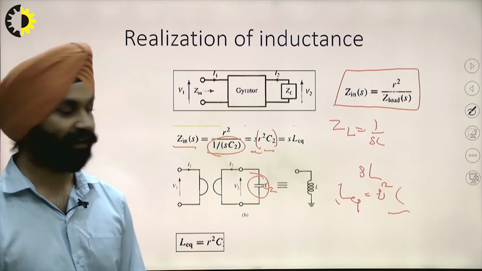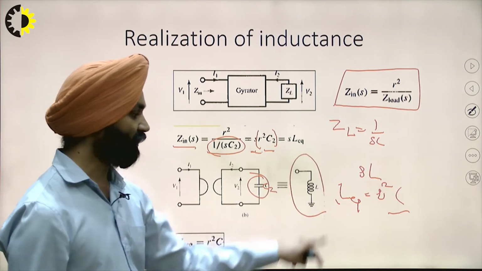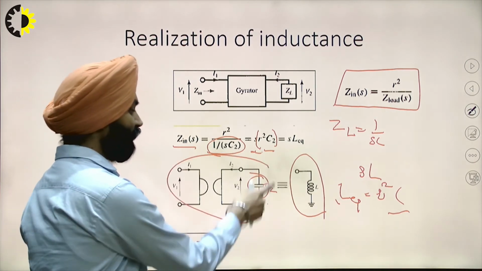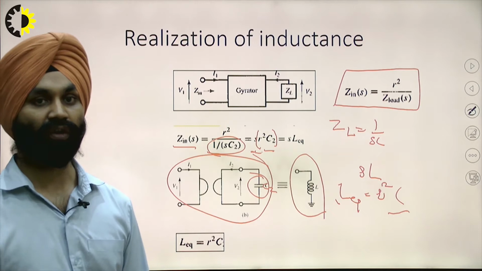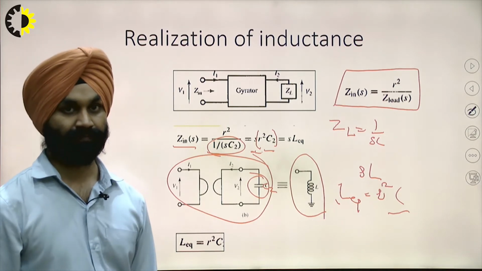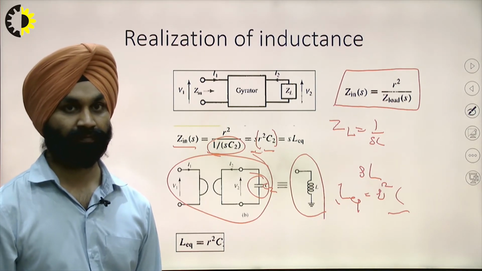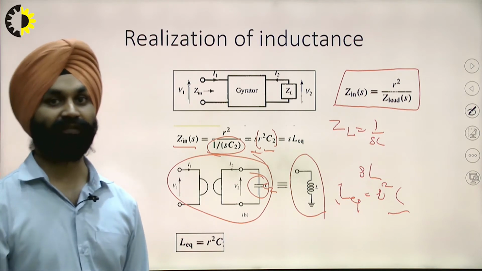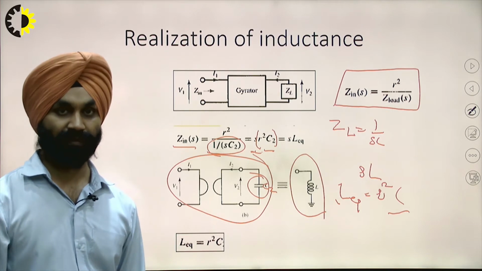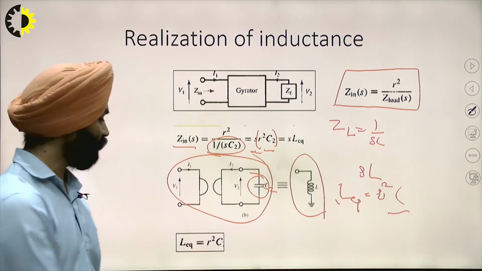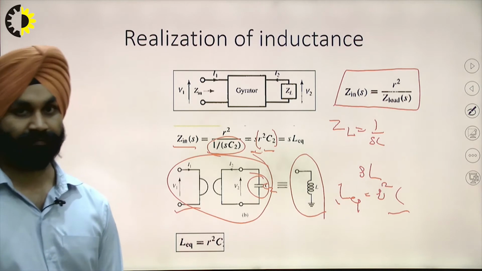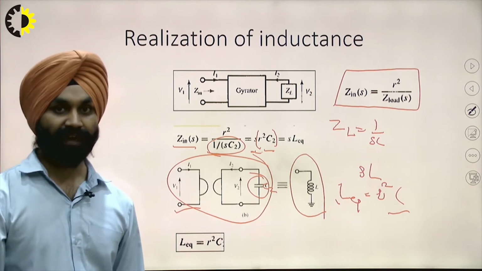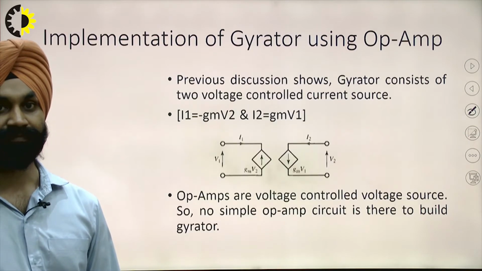So for an inductor in a circuit, we can replace the inductor with our gyrator with a capacitor as load impedance. We can remove all the shortcomings of the inductor using this gyration resistance. In this way, using the gyrator, we can realize the inductor.